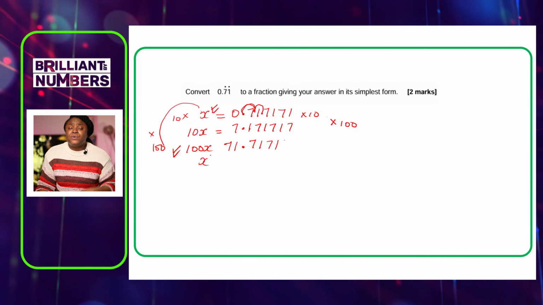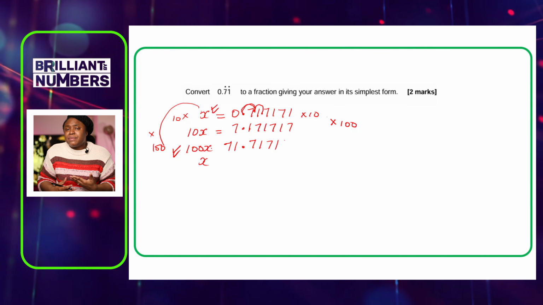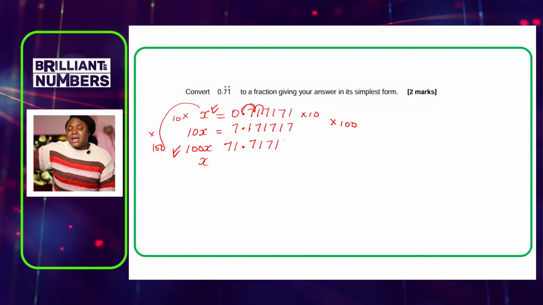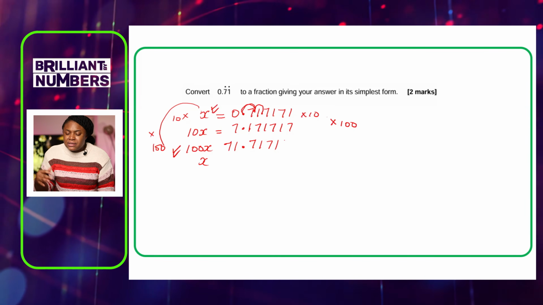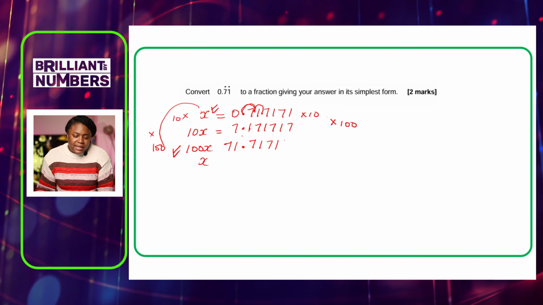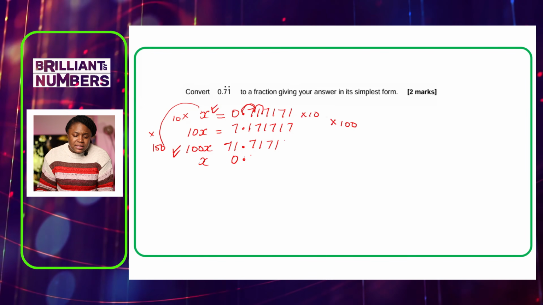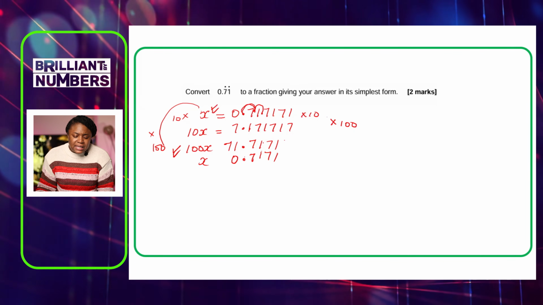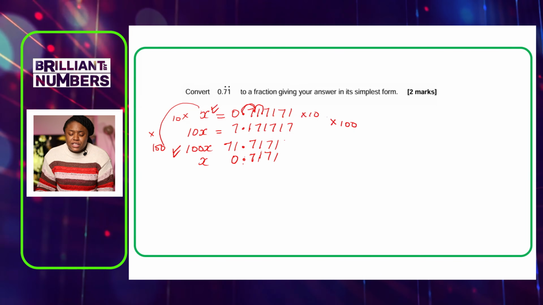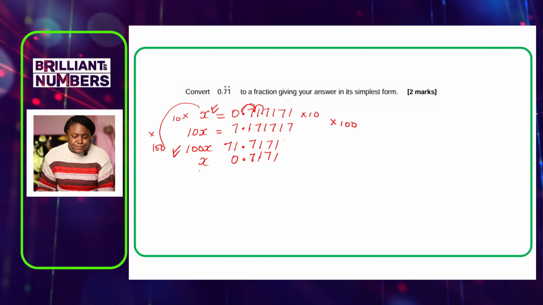You can do a few and then pick the ones where, when you line up the decimals, on the right side they are all the same digits. So when you subtract them, the answer will be 0 for that section. So I can see if I put 0.7171, all of these line up now. So if I subtract them, this part of it will cancel out to 0.